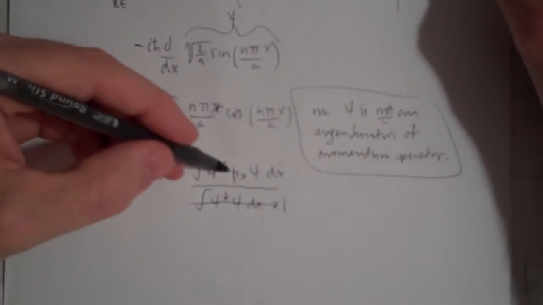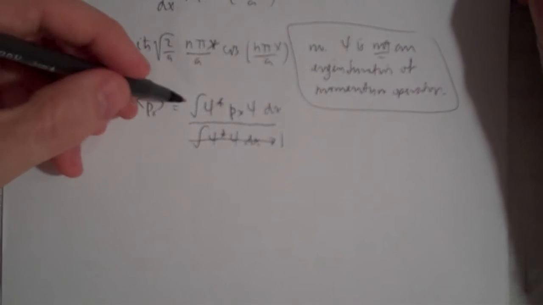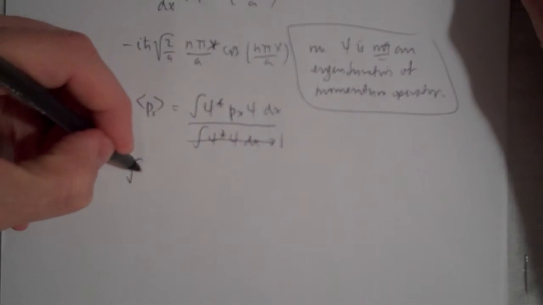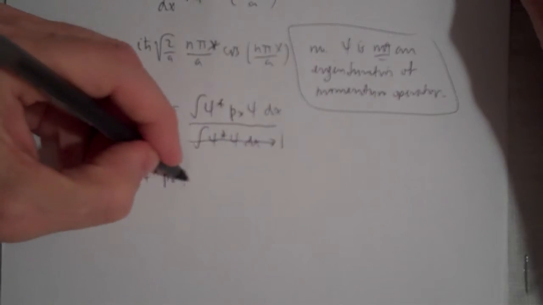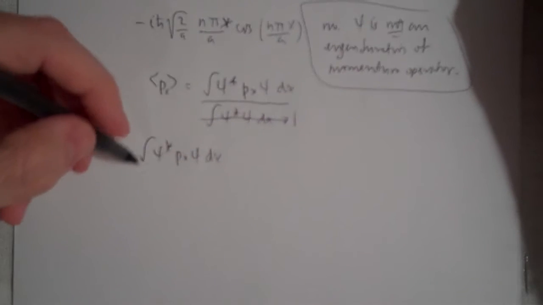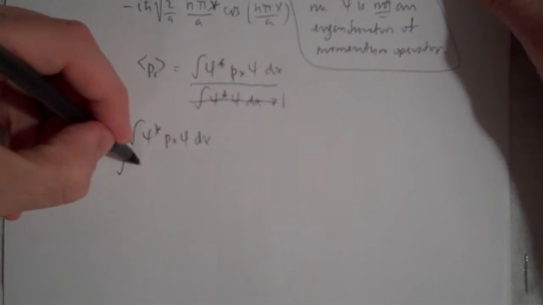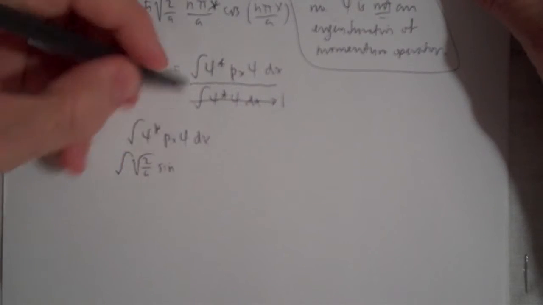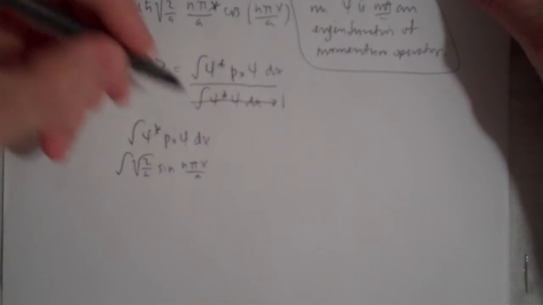So let's take this, and this is going to be that. So the integral psi star p psi dx is going to be root 2 over a sine n pi x over a.